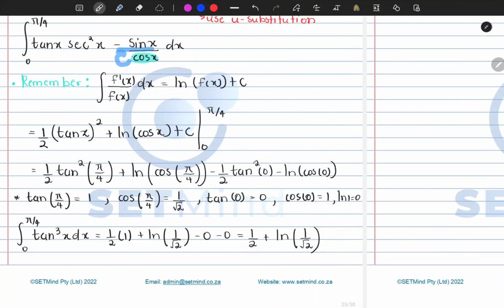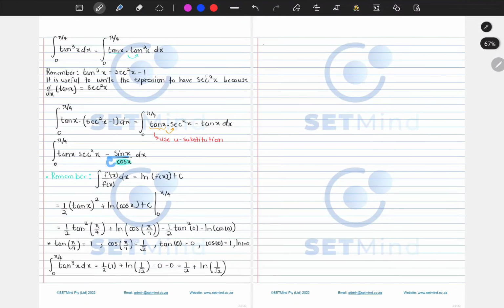We can find ways to rewrite this by remembering that ln of a to the power of b is b ln of a. We have ln of 1 over square root of 2, which can be written as ln of 2 to the negative a half, which can easily go outside to give us a negative half ln of 2.